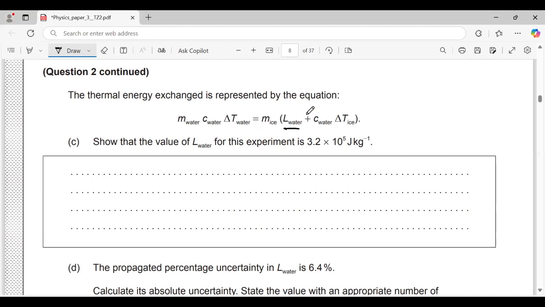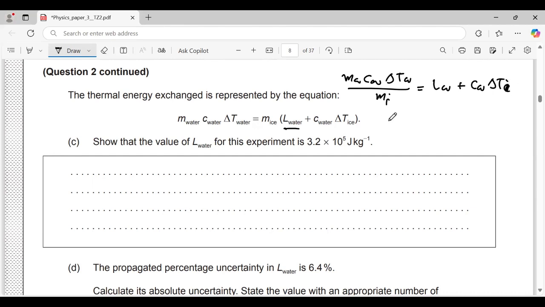So if L water is the subject, this formula becomes, wait, I have to verify. M water over M ice, L water plus C ice.